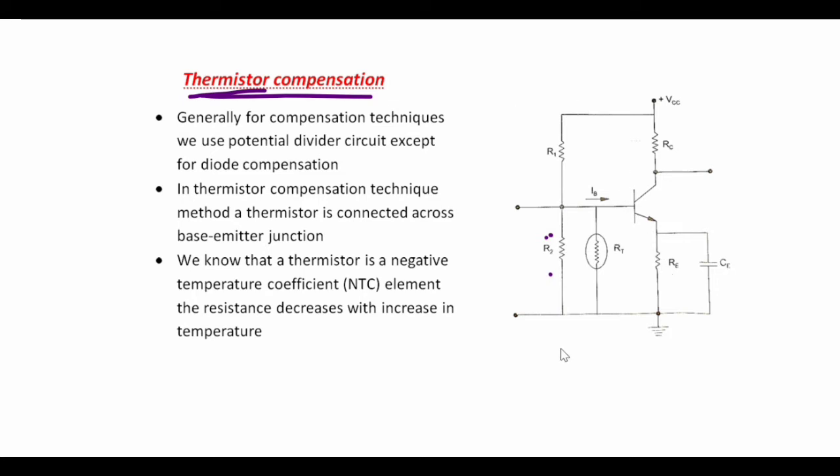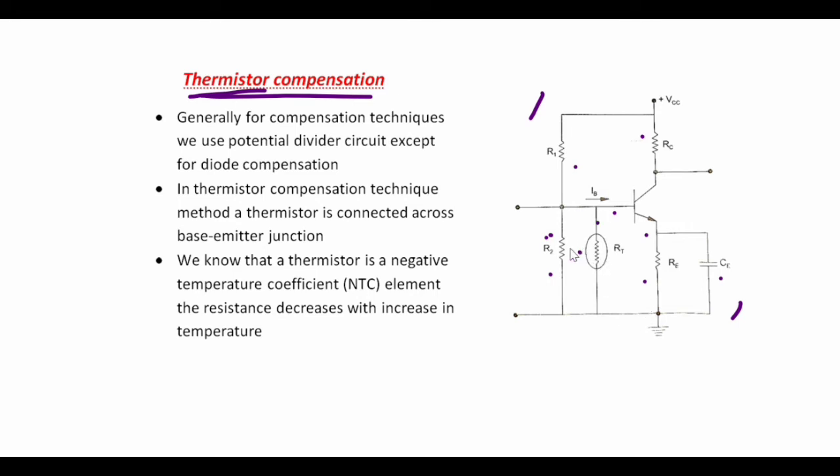Now in this circuit we are using the form of self biasing. In the thermistor compensation technique, the thermistor is connected across the base emitter junction. This is the base and this is the emitter.